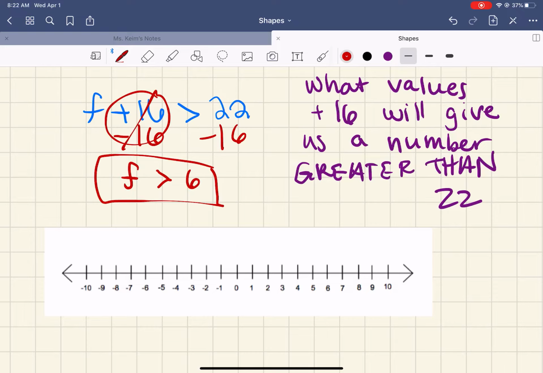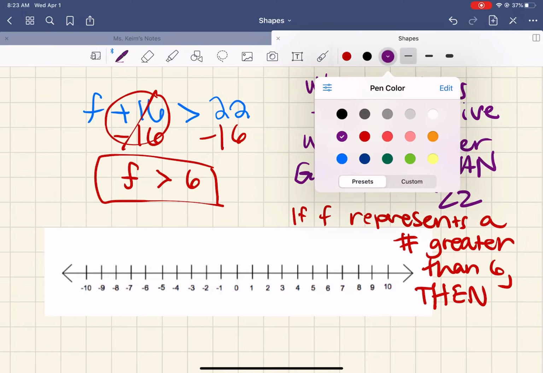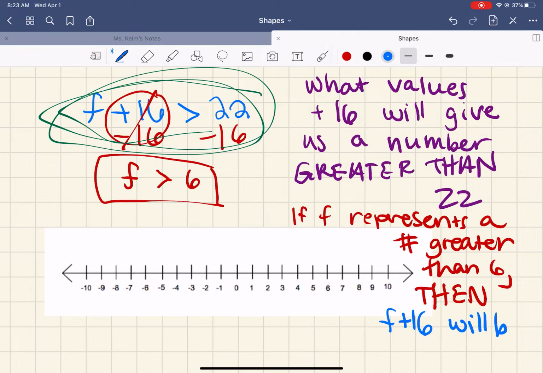What that means is if f represents a number greater than 6, then our original inequality, this inequality right here, f plus 16 will be greater than 22, all right?